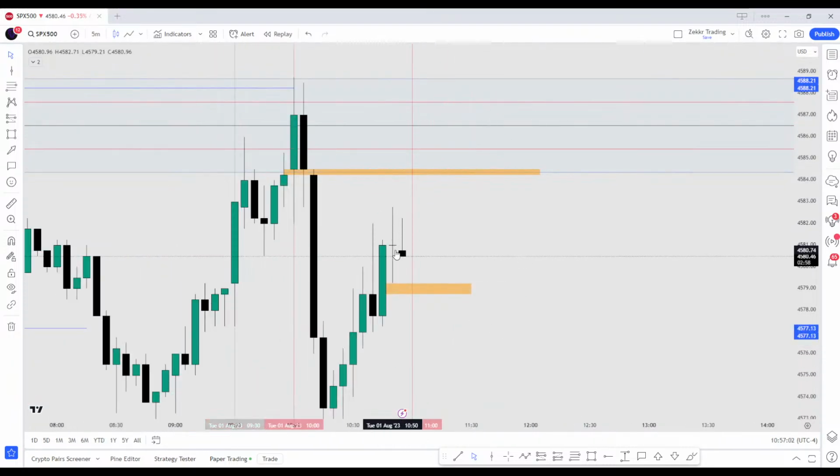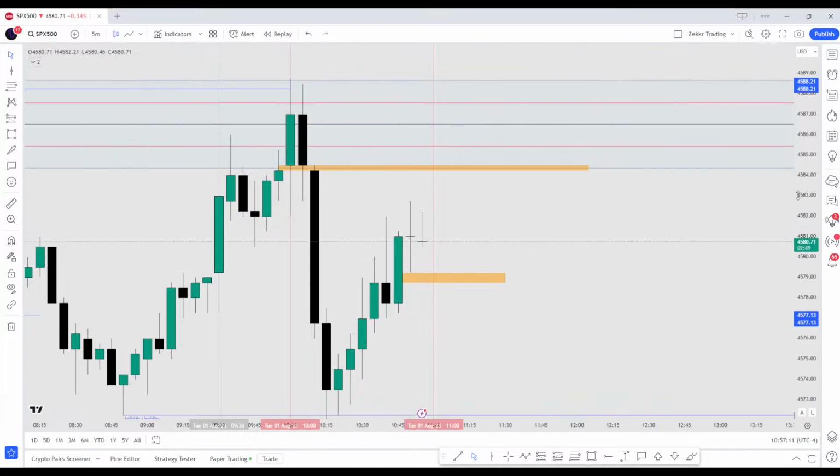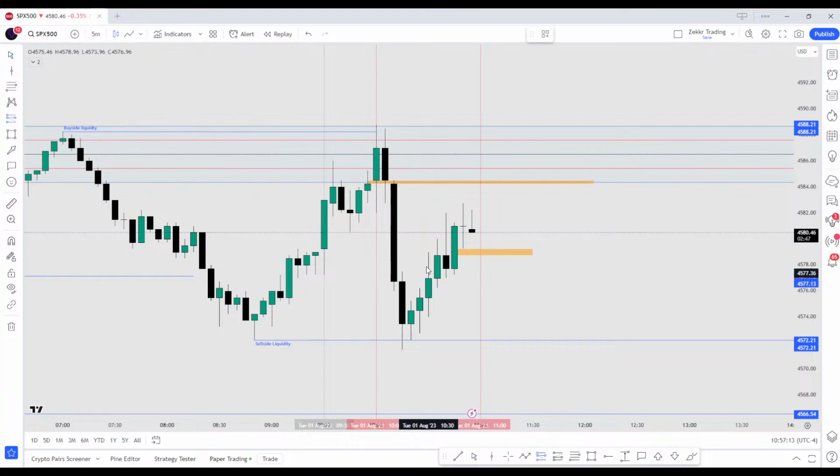On the five-minute, we may form a high, and then if the next candle doesn't form a fair value gap, I'll stop trading. That's my plan, because it's just really choppy, right? I'm just not looking at anything good.